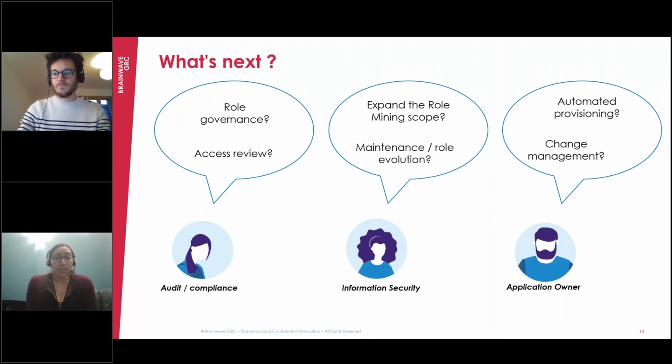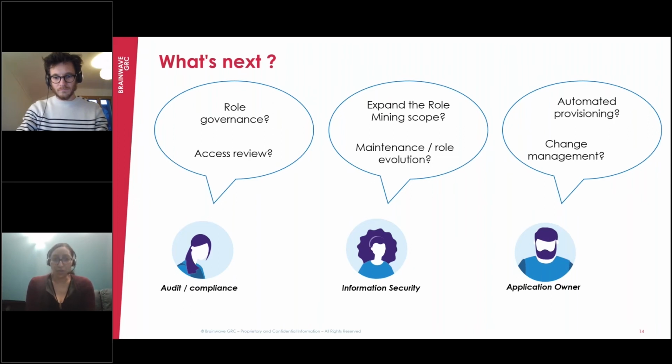And if you're an application owner yourself, if you're responsible for SAP, for Sage, for any other kind of business application, once a role model has been established, you might be interested in setting up some automated provisioning so that your users can automatically have access to your application once a role is granted to them.